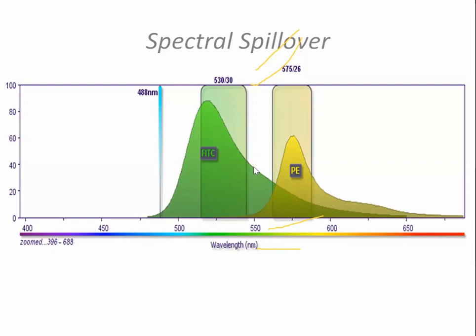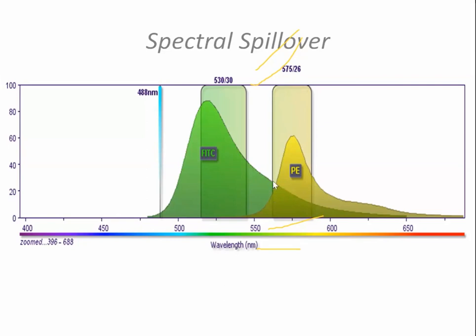A part of the FITC light is within the wavelength of this filter, between 550 and 600, and hence a part of the FITC light will also get collected in the PE detector and give you a signal in the PE channel, which is wrong, and you need to eliminate this.